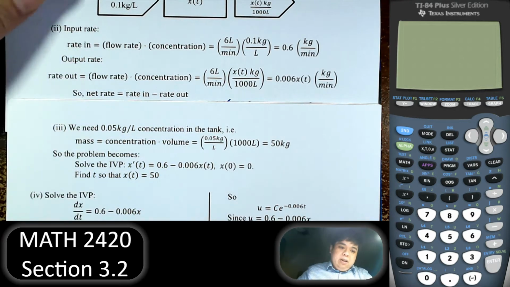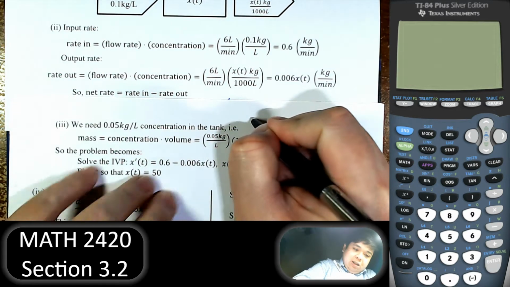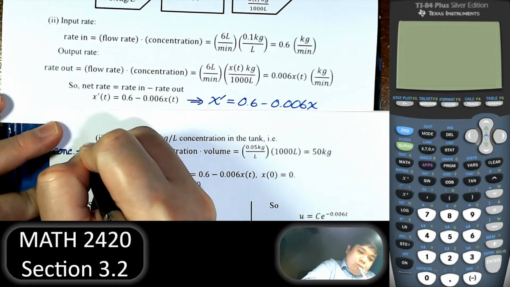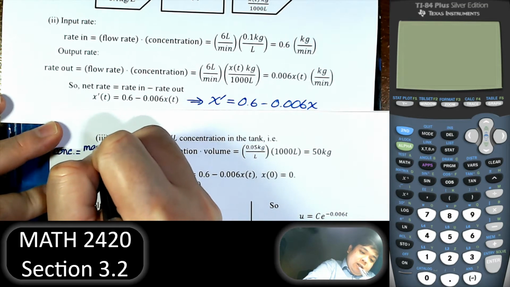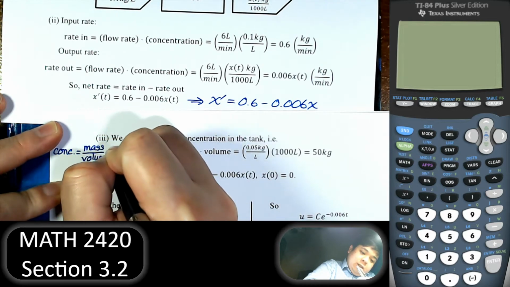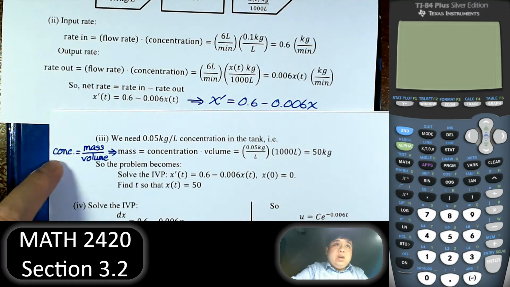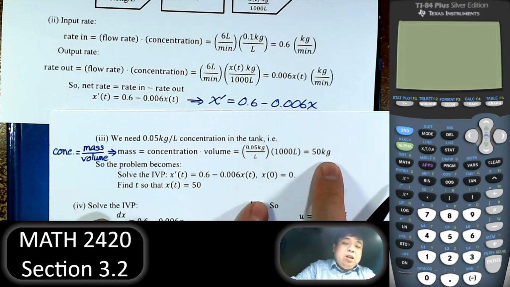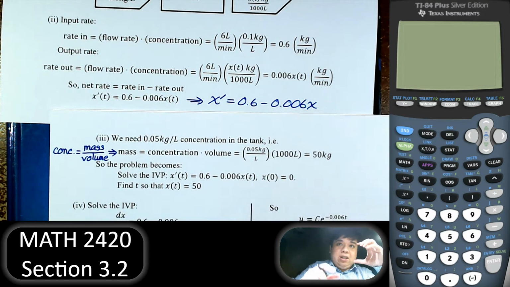Concentration is equal to mass divided by volume. So the mass is equal to concentration times volume, and so we need 50 kilogram of salt in the tank.